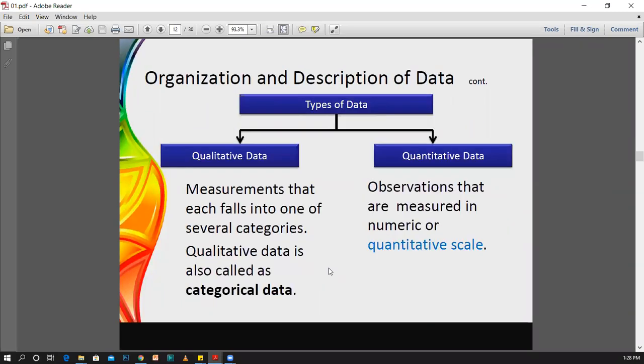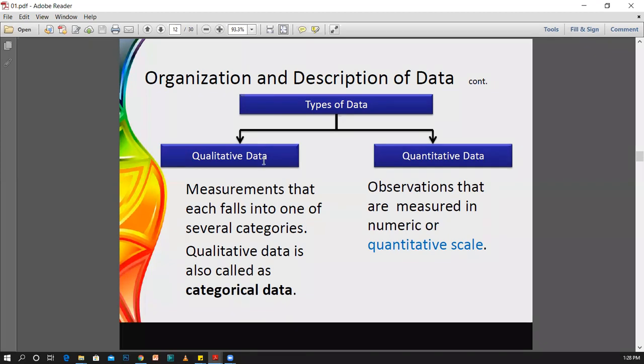Now, if you go through these two types of data, qualitative data is based on quality: if you are getting the measurements based on quality, you can say it is qualitative data. But if you have measurements based on a quantity, then you categorize it under quantitative data.